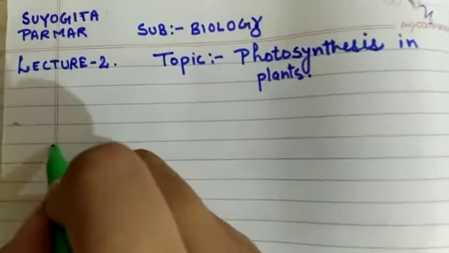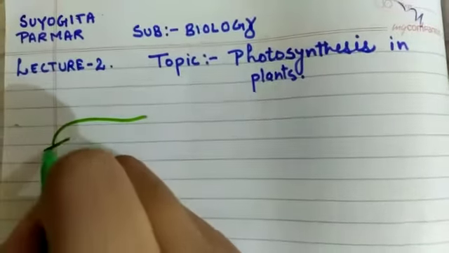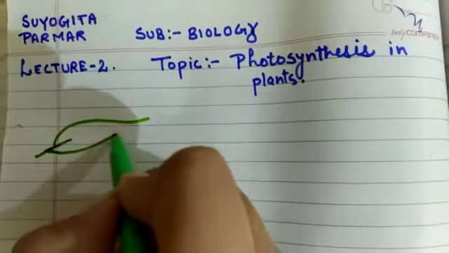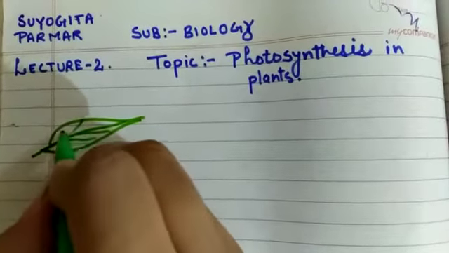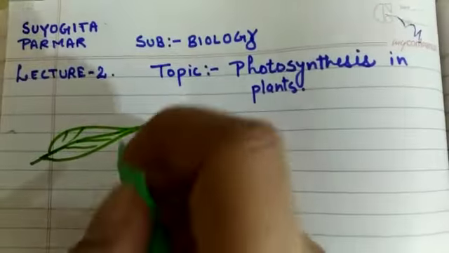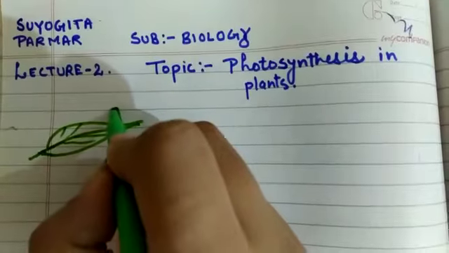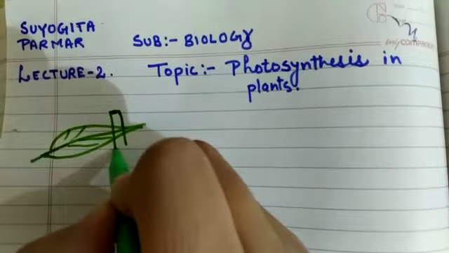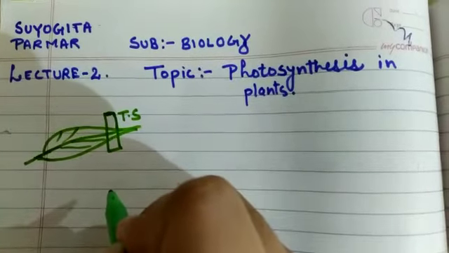Suppose this is the leaf. If we cut the leaf, it is a TS of leaf. Now what is this TS of leaf? The TS of leaf is transverse section.